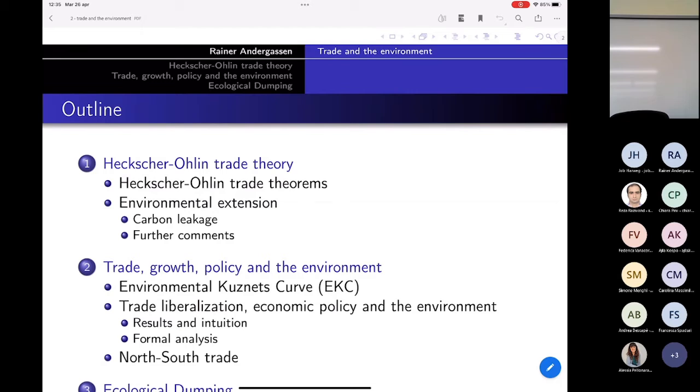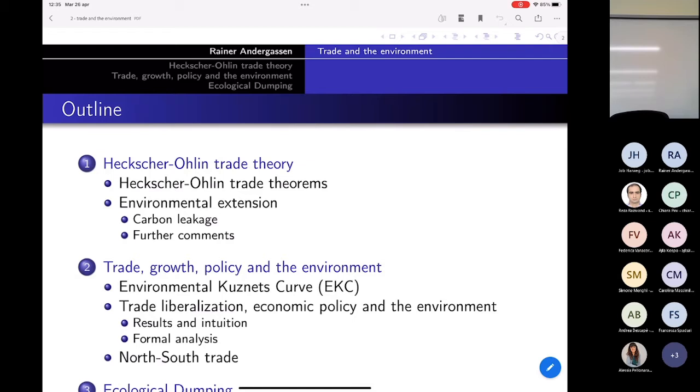So what has been done in order to avoid carbon leakage, and what, for instance, the EU is implementing to avoid carbon leakage in the future. I'll also briefly mention the case of California, which has an interesting policy in place, and show you some results on it. So this is the first part.